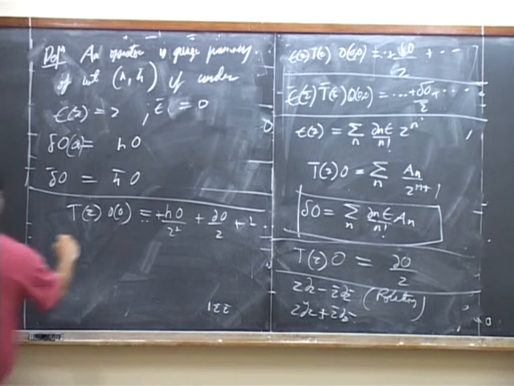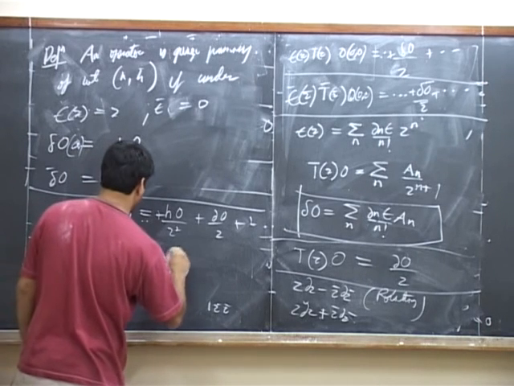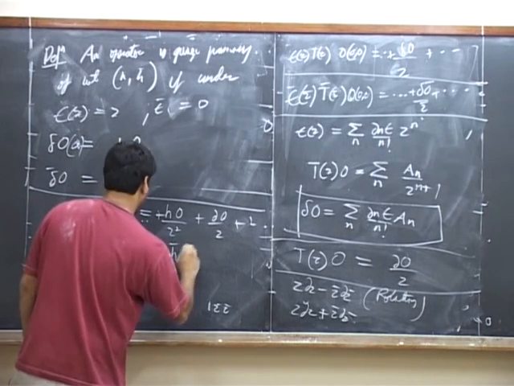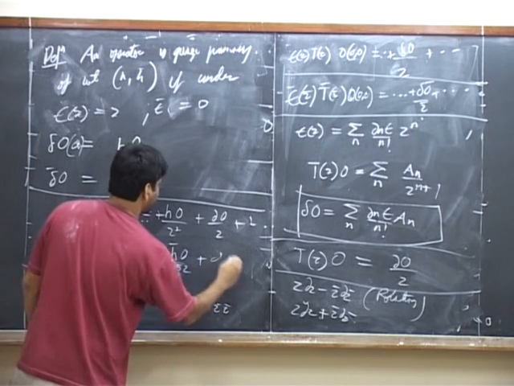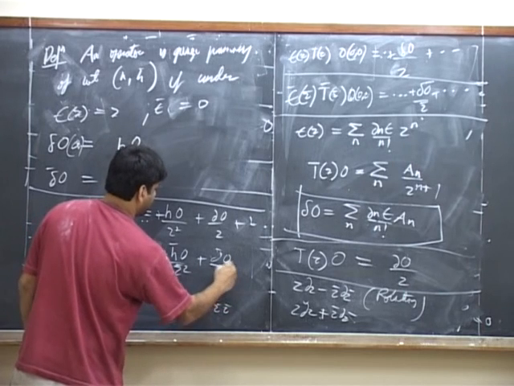And similarly, T bar of z bar O at 0 is equal to h bar O over z bar squared plus del bar O over z bar.